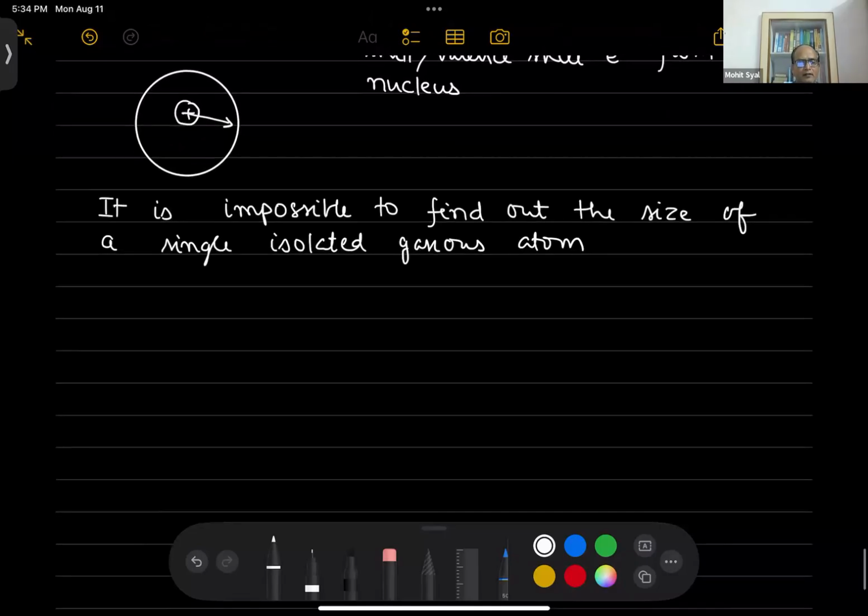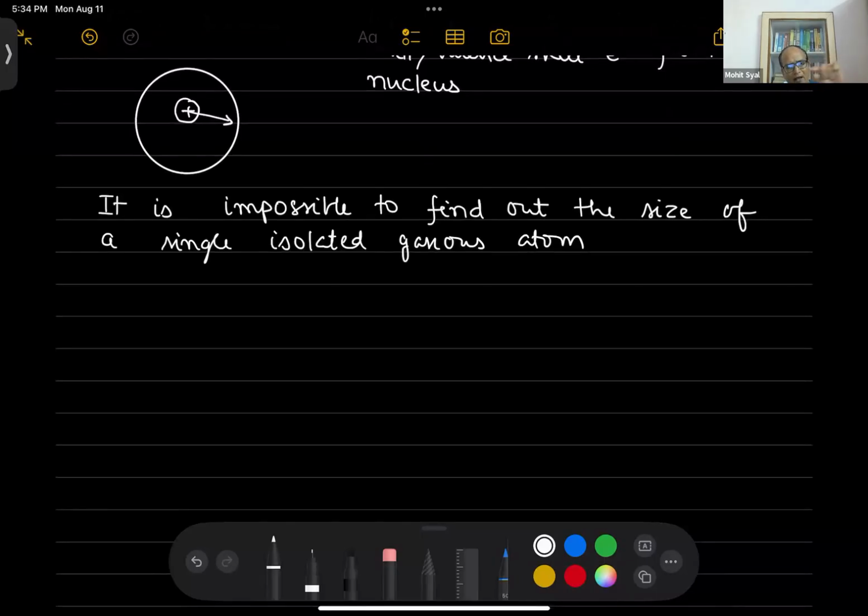It is because here in my case, I have shown you the outer boundary. Okay, and I am showing that from the center to the outer boundary, you can have the size. But practically, this is wrong because an atom doesn't have a fixed boundary.